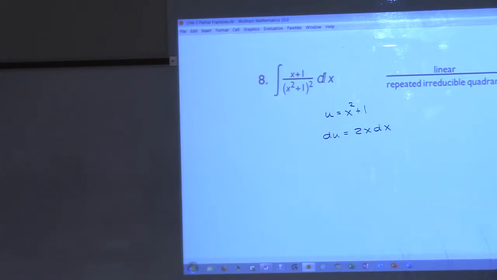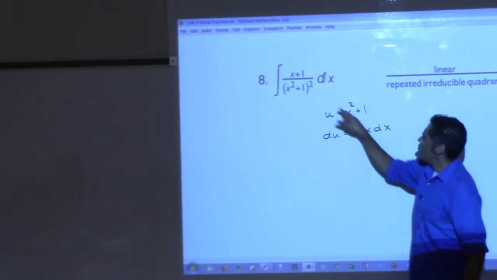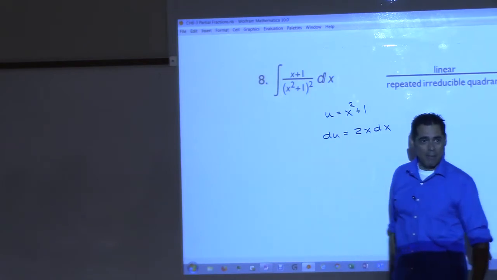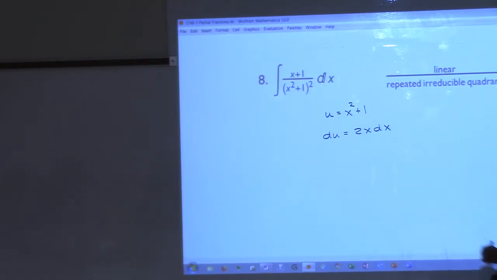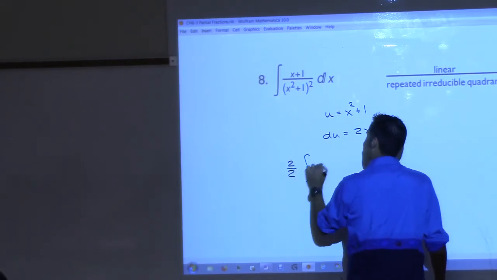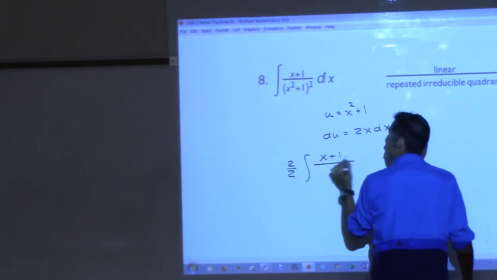So let's make it 2x. Luis, you understand what I'm saying? I want the numerator to be just 2x. Right now it's x plus 1. So can you help me make it 2x? Put a 2 over 2 out front, because you need 2x.